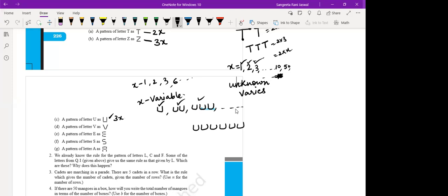Now see the pattern of letter V. Neha, tell me. Ma'am, number of matchsticks in V is 2. And what will be the rule? Ma'am, the x variable. Yes, x variable, so 2 multiplied by x, which is 2x. Now tell me, Neha, how many matchsticks are required in making this shape E? 5.